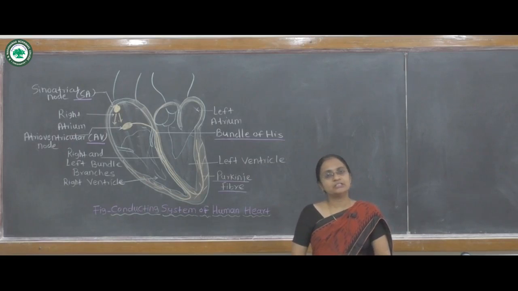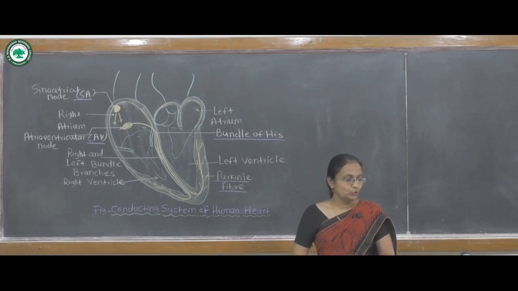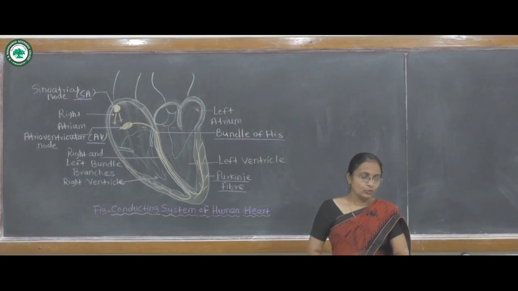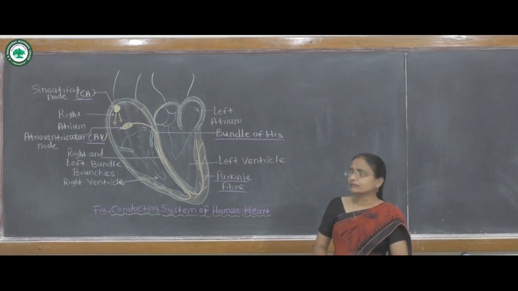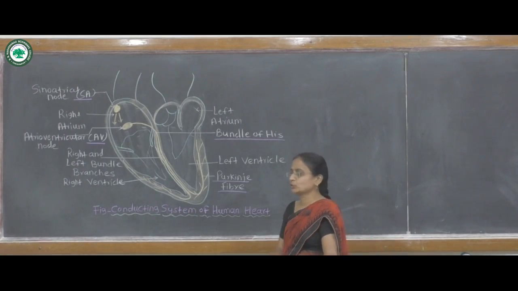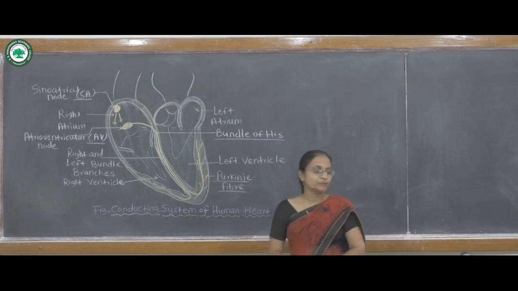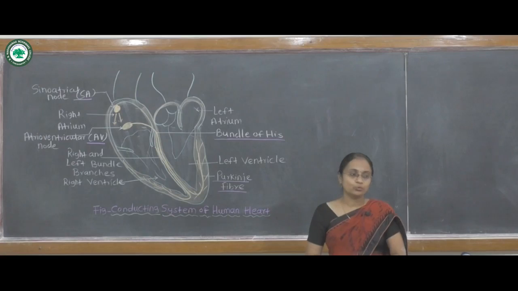These impulses are generated by the nodal tissues, which are distributed in the upper as well as the lower parts of the walls of the heart. The most important nodal tissue, or the signaling, starts from the SA node located in the right atrium. Now how does that work?